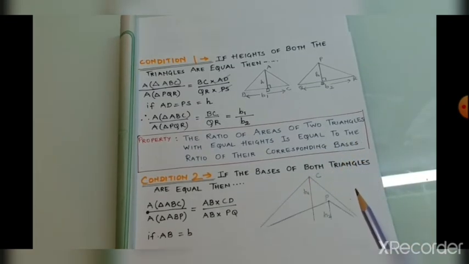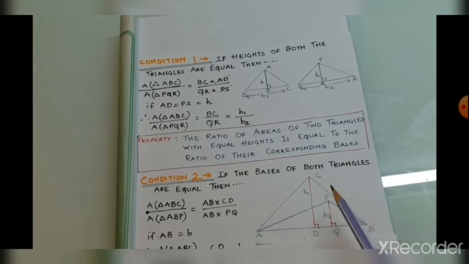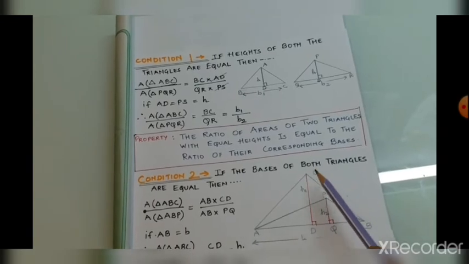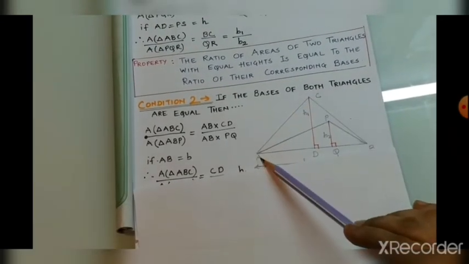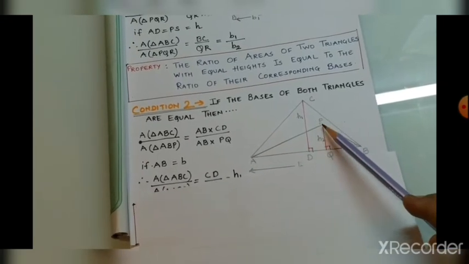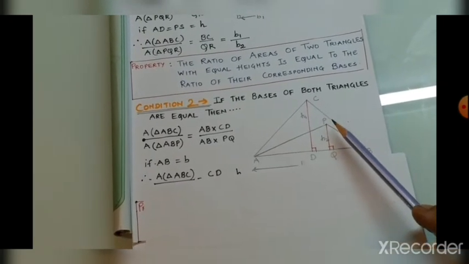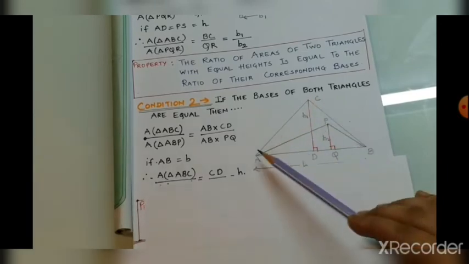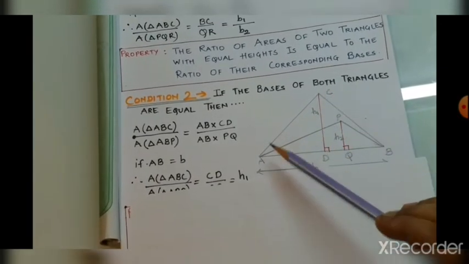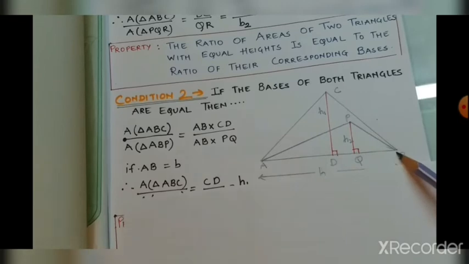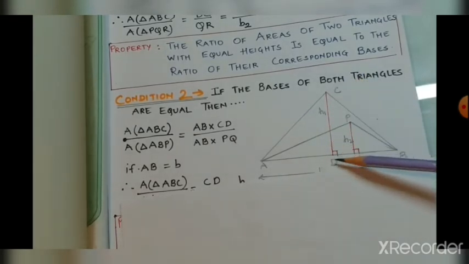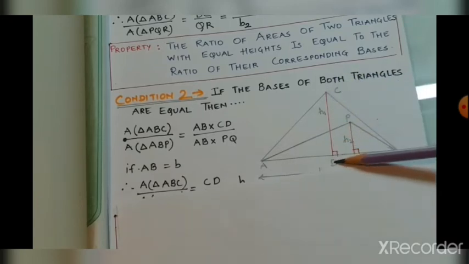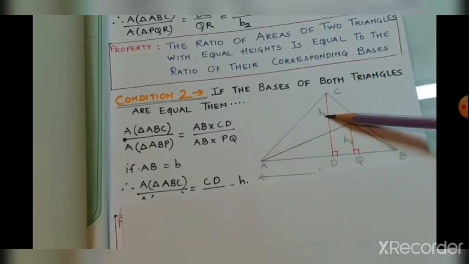So in such case, if you look at this figure, you will see that triangle ABC and triangle ABP, there are two triangles, children. In this triangle ABC, AB is the base and the height, when we talk about height, it is always a perpendicular height. So height is CD, which we have named as H1.